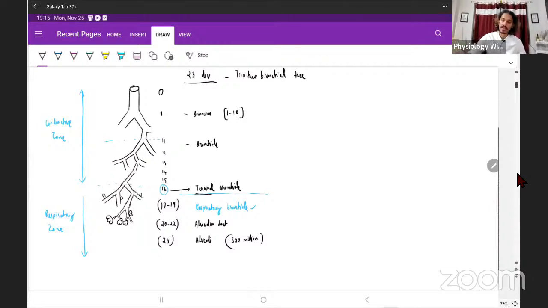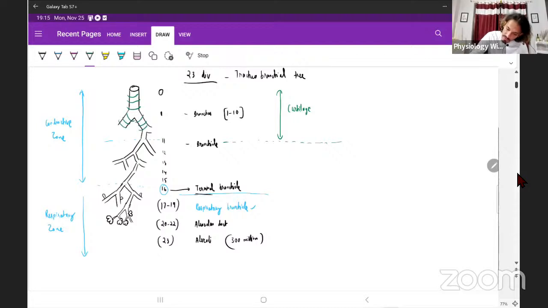For that, you have to understand how in the initial layers, your trachea, the bronchus, till your bronchiole is reached, you have these cartilages around it, like this, like this, like this.